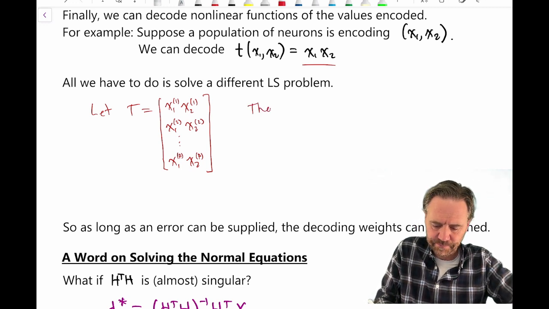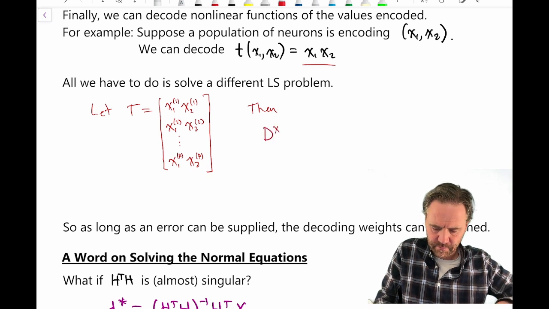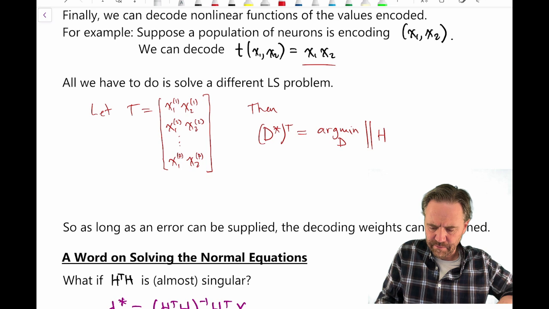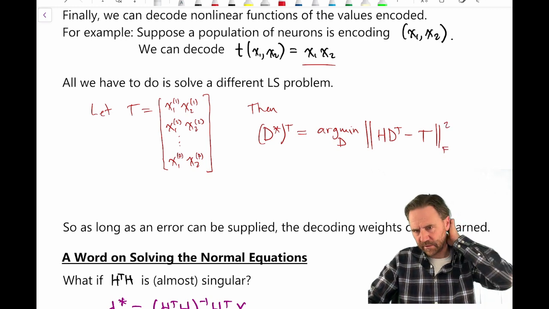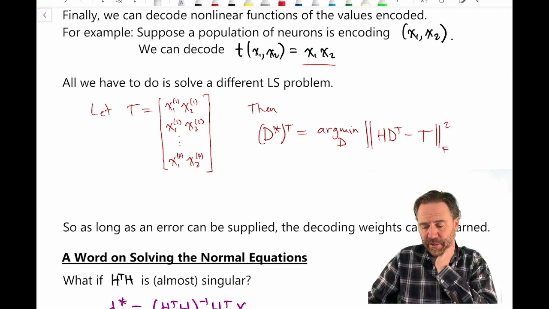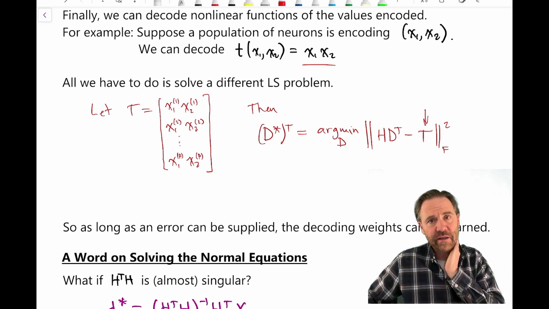So then it's the same formula as before. Argmin over d of the Frobenius norm squared of h times d transpose minus t. So the only difference is that we have a t there instead of x.